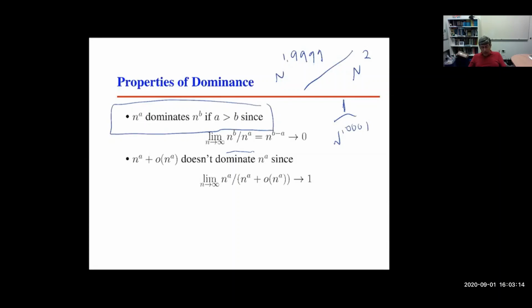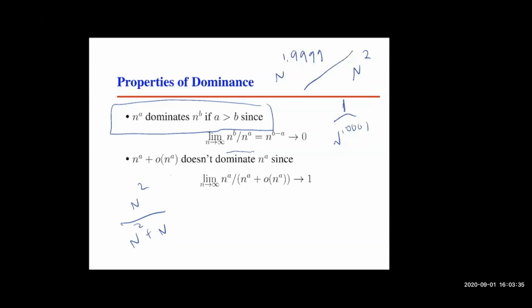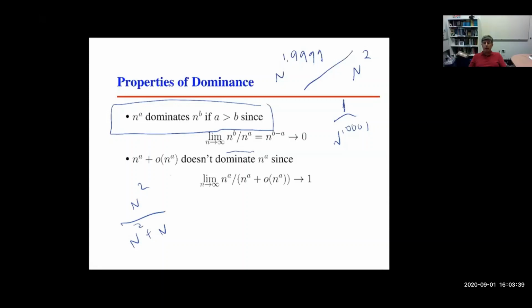We can say when we add a lower order term, it doesn't dominate it. What is the limit of n squared over n squared plus n? Does that go to infinity? Does that go down to 0? I claim it's going to get very close to 1 as n gets bigger.